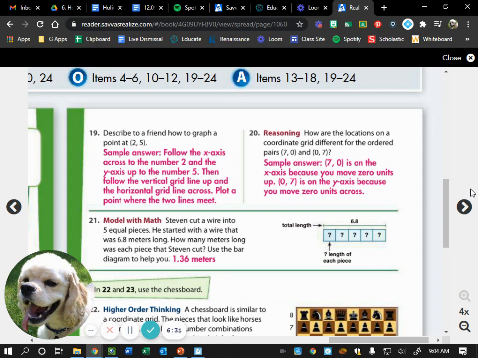Ordered pair? Okay. Chanel? Yeah, that would work.